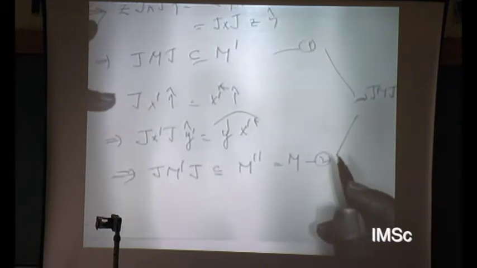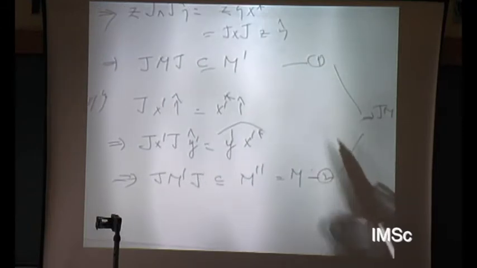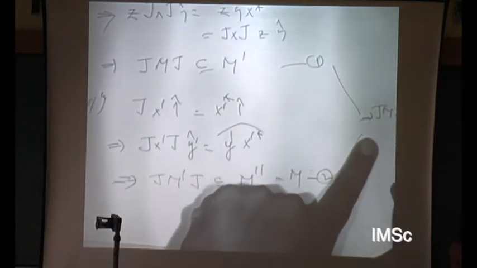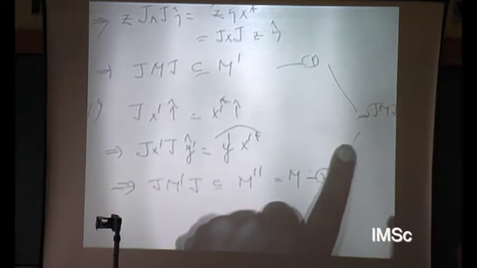So this is the first assertion in the Tomita-Takesaki theorem, that J M J equal to M prime.